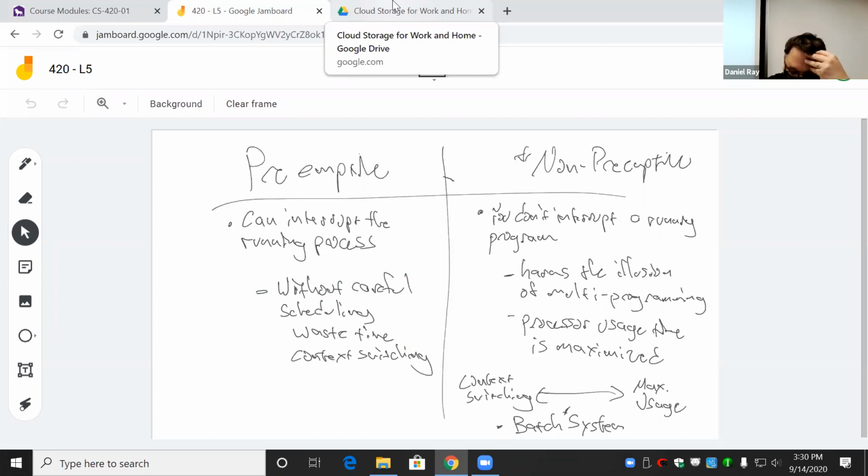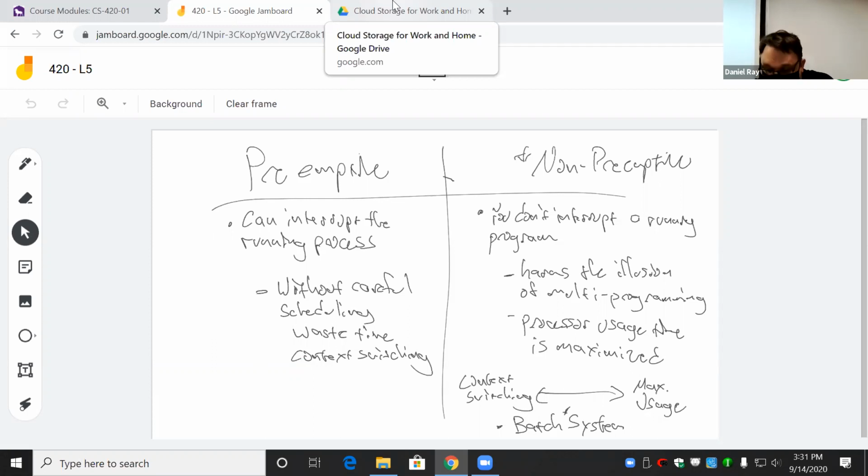So we want the benefit of this, but we have to be careful because if we're just switching like madmen, if we spend all of the processor's time doing context switching, then nothing useful is going to be accomplished. So this right here is the reason why there's so much research into scheduling.